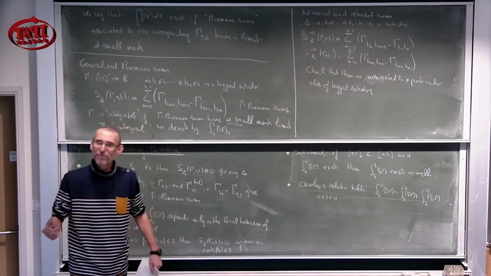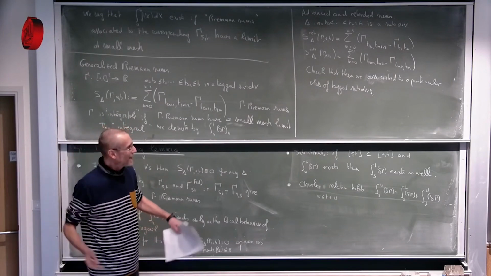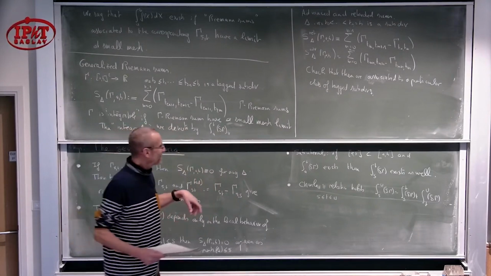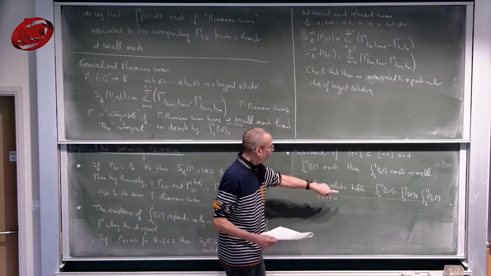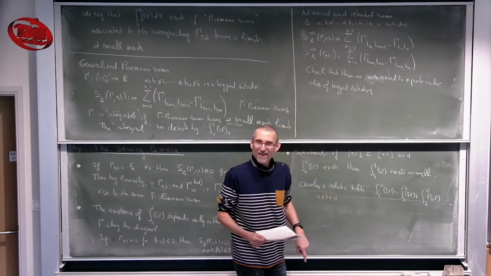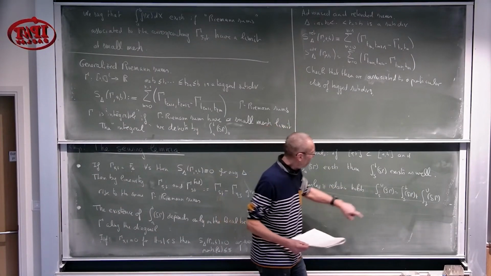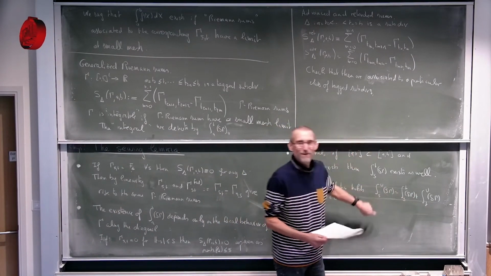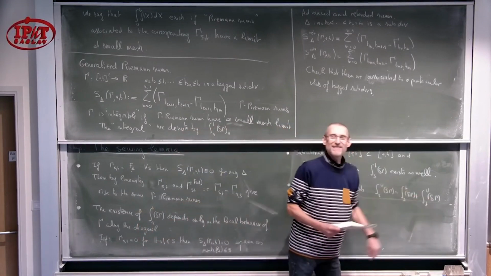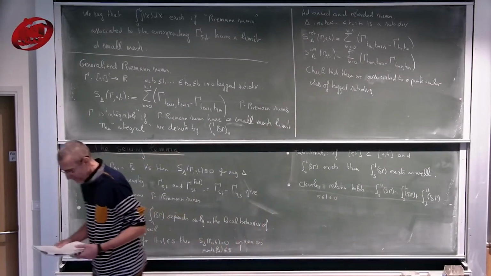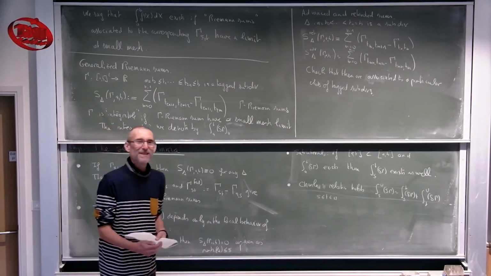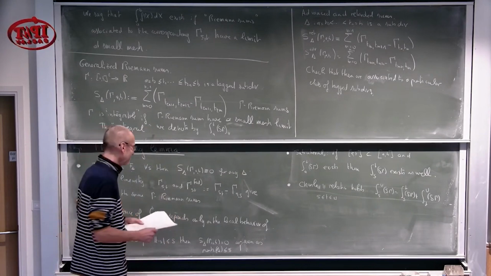If the left-hand side exists, the relation holds. But if you only have those two, you're not sure that this one is going to exist. And in fact, you can look for an example, that's easy, or I can give you one.